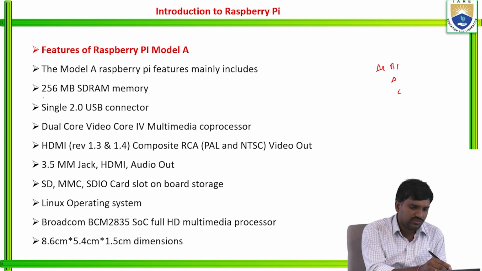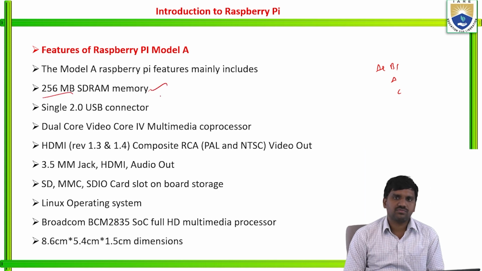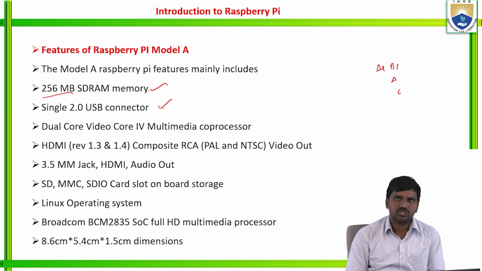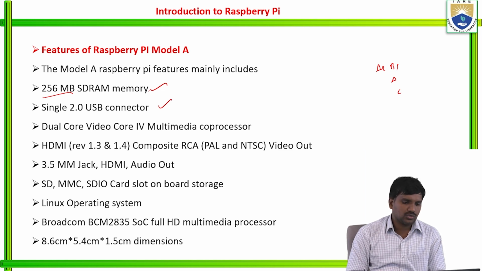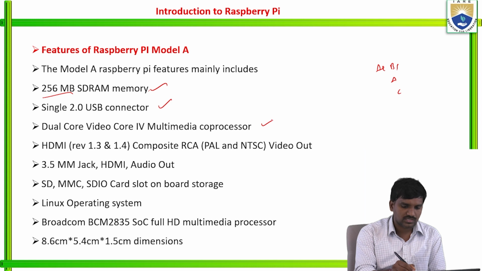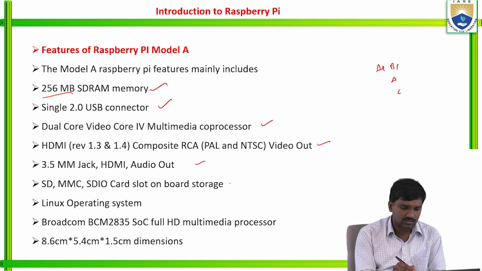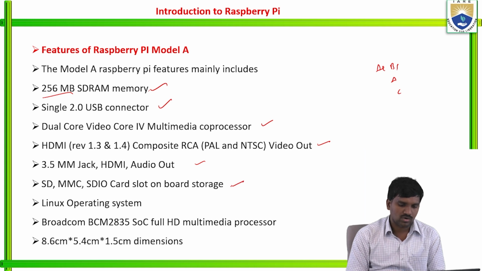it has 256 MB of SDRAM, a single 2.0 USB connector, dual core VideoCore multimedia processor, HDMI composite RCA video out, 3.5 mm jack HDMI audio output, SD MMC SDIO card slot on board storage.